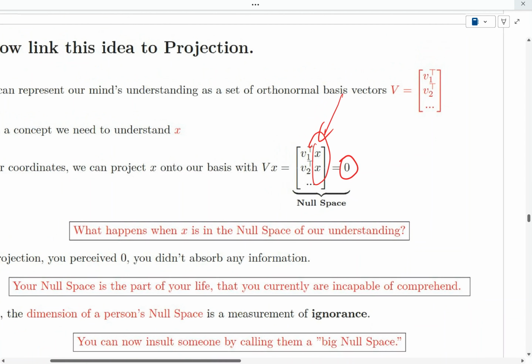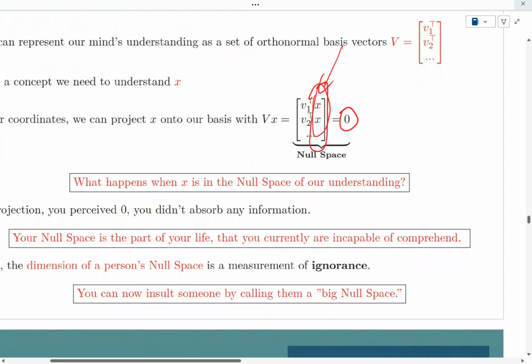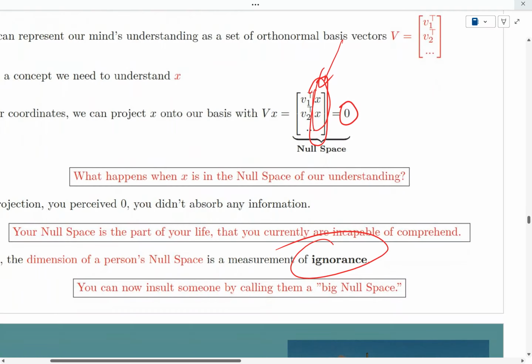And therefore, the dimension of the null space can also be interpreted as ignorance. The bigger the null space, the more things you are incapable of comprehending. Therefore, the size is a measurement of your ignorance. The bigger the size, the more ignorant a person is. So now you can insult your fellow friends by calling them a big null space.